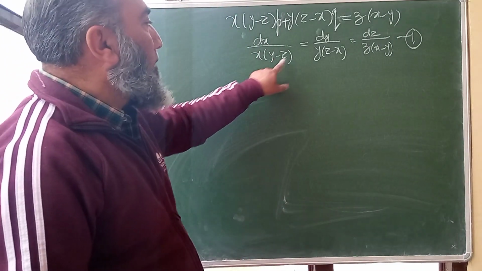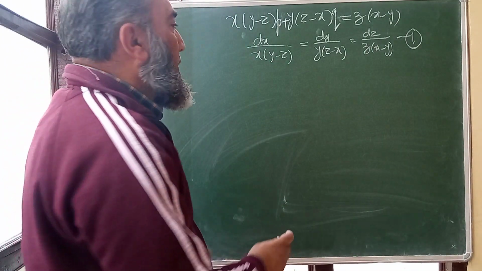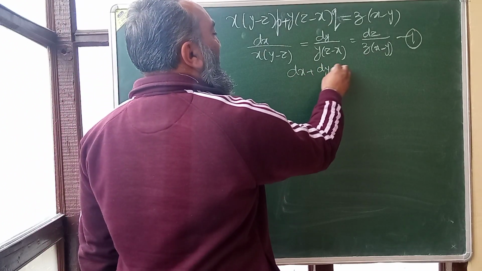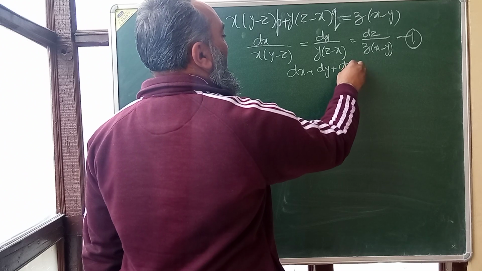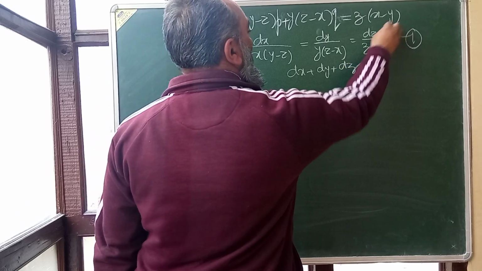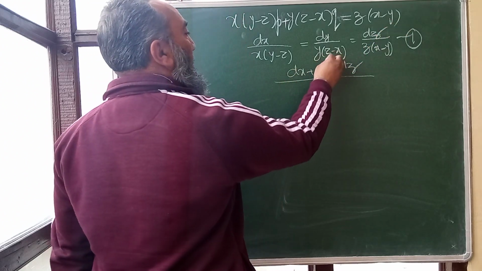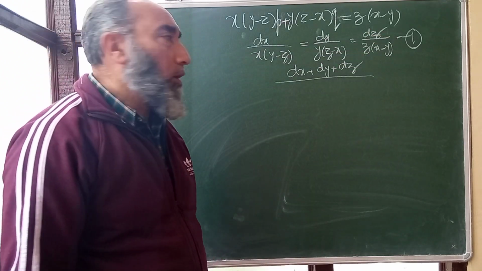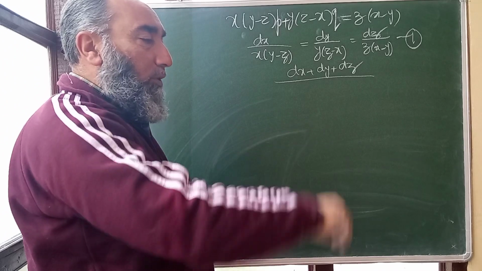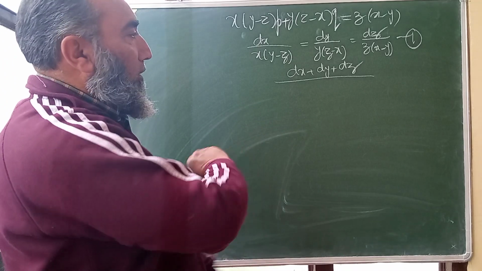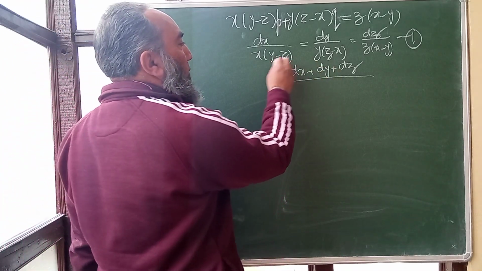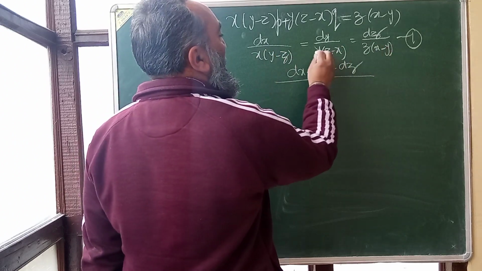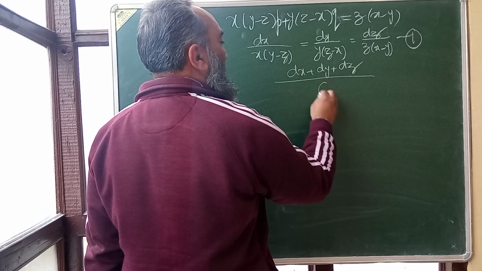If I use 1, 1, 1 as multipliers, then each fraction is equal to dx plus dy plus dz divided by, you have to take z whether small or capital, whatever you take, take it everywhere. So this is xy minus xy minus xz plus xz plus yz minus yz, which is 0.